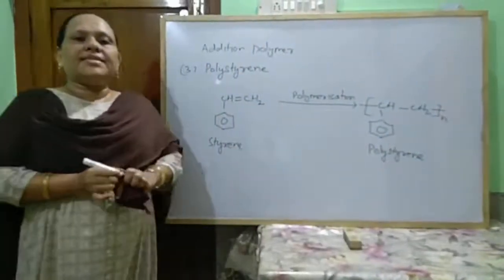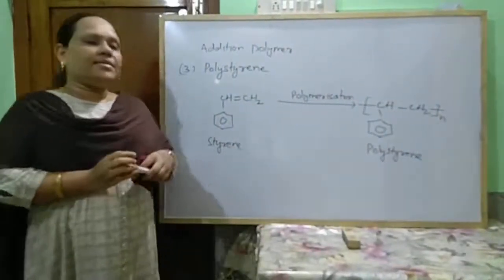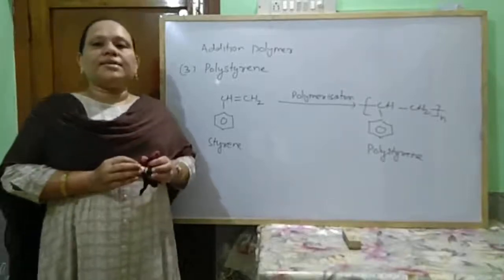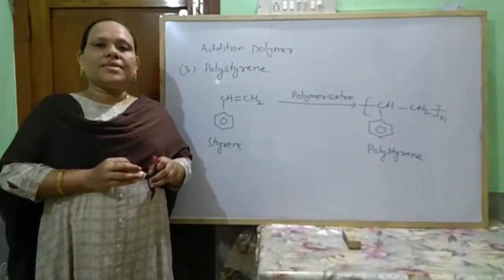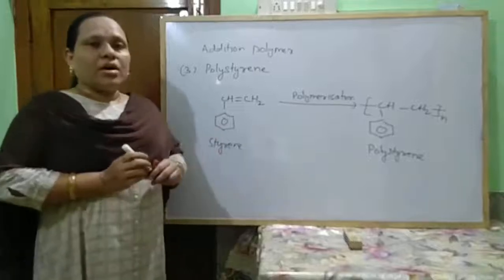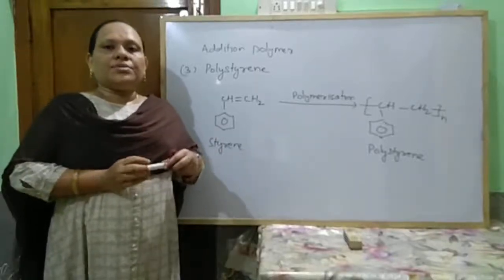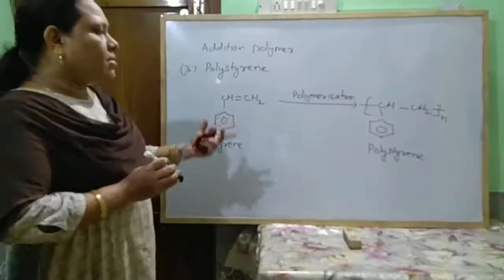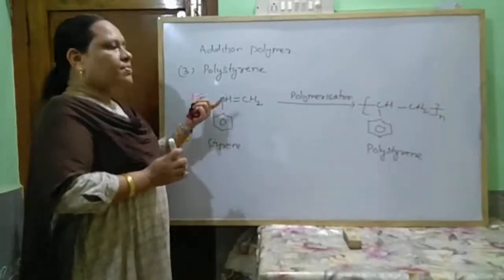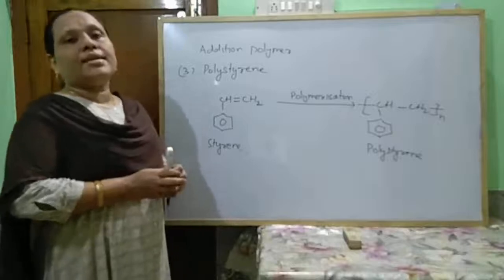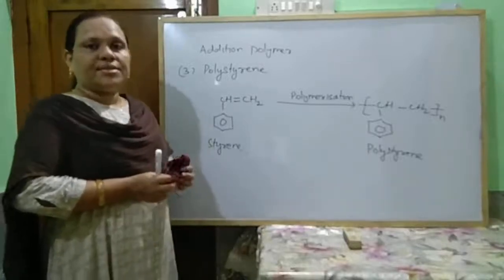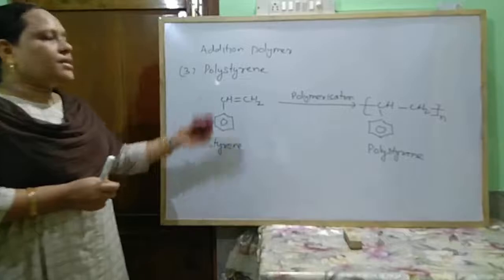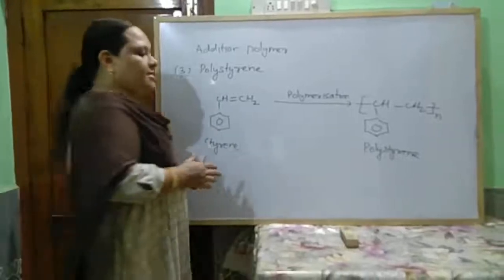Polystyrene is used for making toys, combs and drinking cups. It is also used in the lining of different electrical equipment like TVs, refrigerators, etc. So these are polystyrenes.